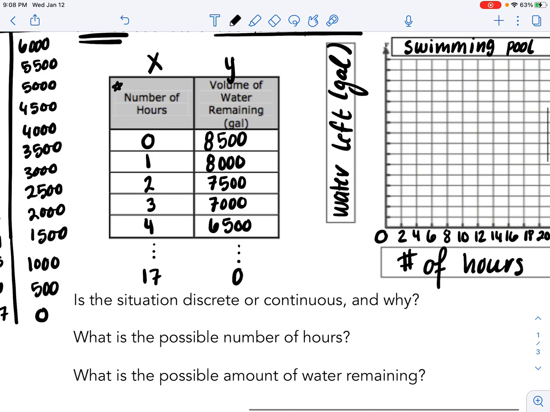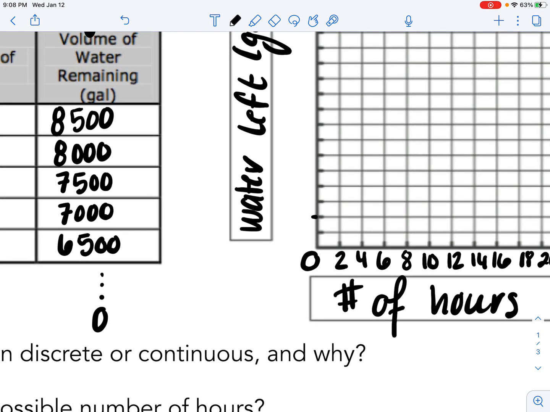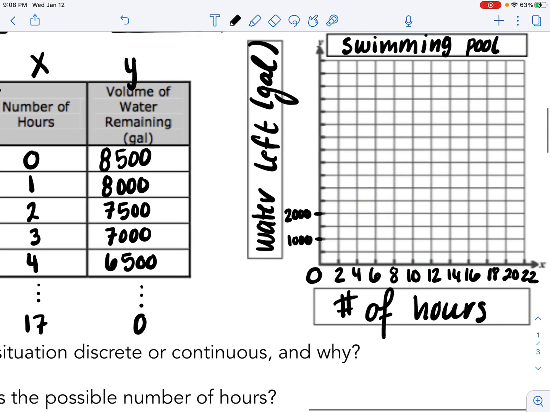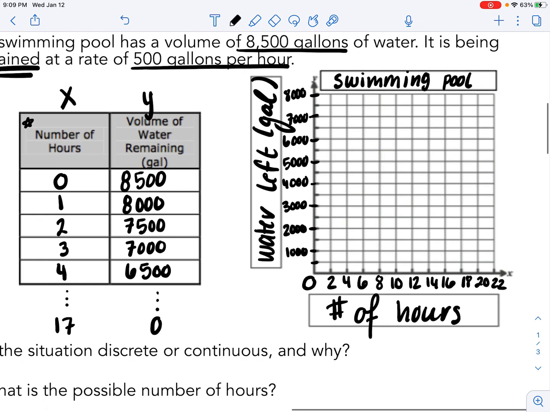And going up the side, because we're all the way in the thousands, I'm going to skip 1 and write my thousands. So 1,000, 2,000, 3,000. So every box is worth 500. So I should be able to fit until 8,000, which is just shy of what I need.